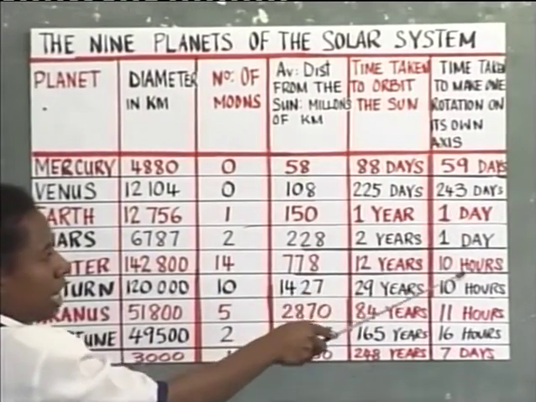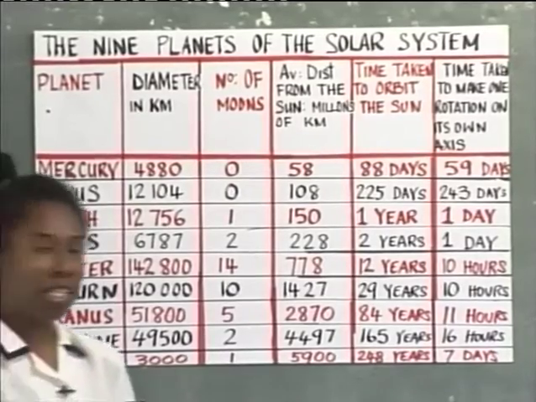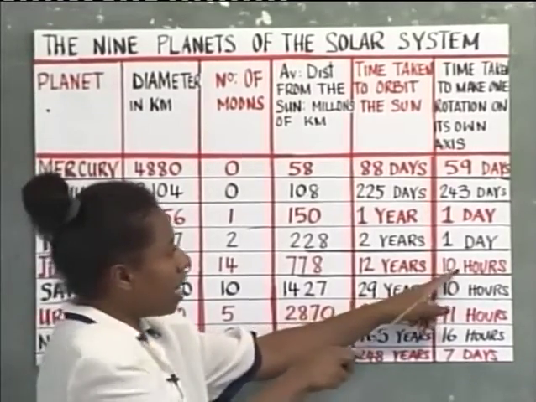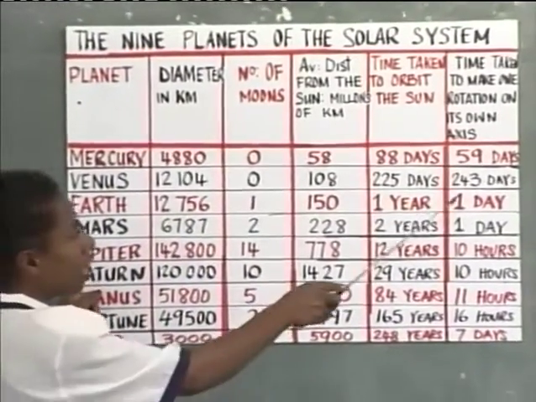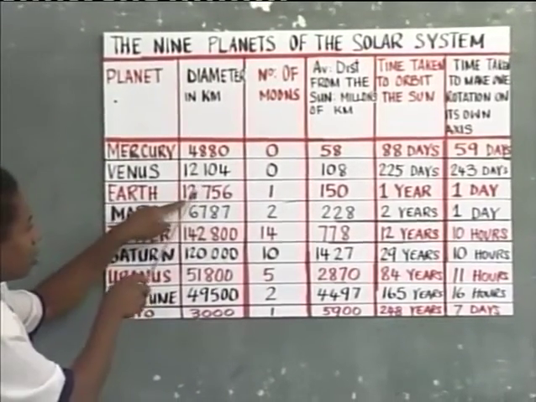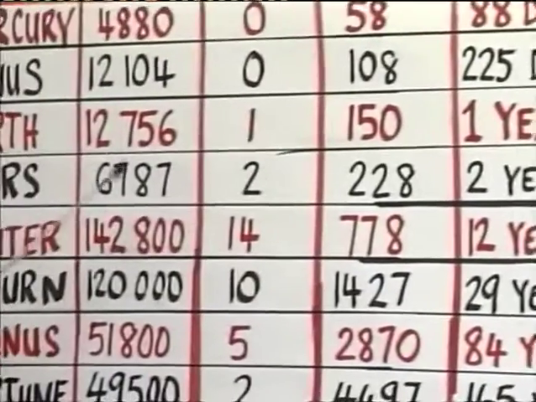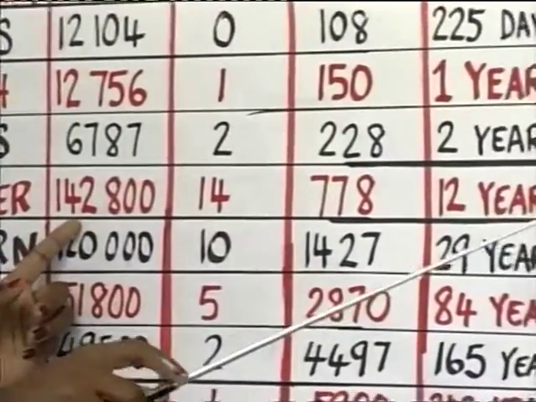Okay, so we're looking at 10 hours for Jupiter and 1 day for the Earth, and yet the Earth's diameter is smaller and it takes 24 hours, and Jupiter has a bigger diameter and it takes 10 hours.